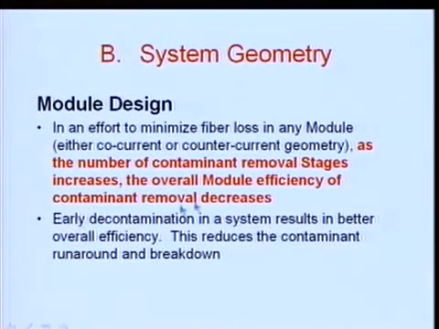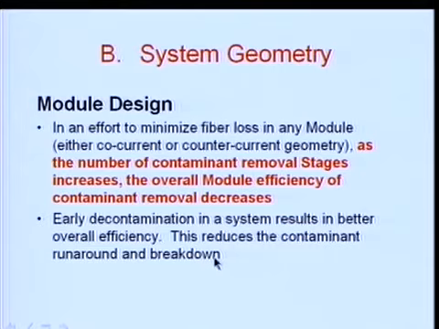If you go to three stages, even further, your overall efficiency for this module is going to be even less. And early decontamination in a system results in better overall efficiency. That basically means remove your contamination as soon as possible and as early as possible in a system, and as large as possible without breaking it down. Hence this will reduce the contaminant runaround and breakdown.